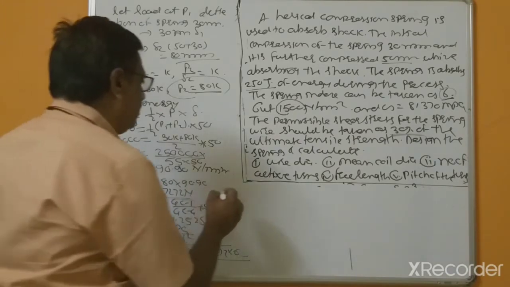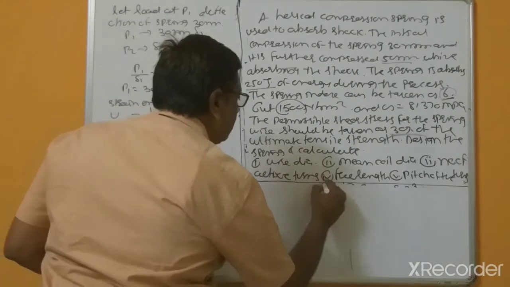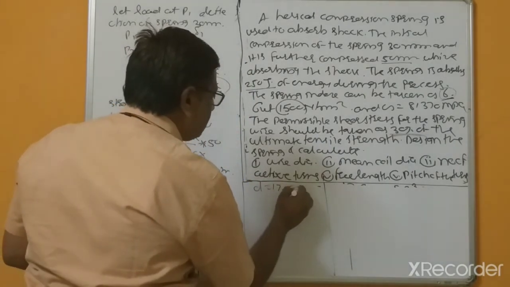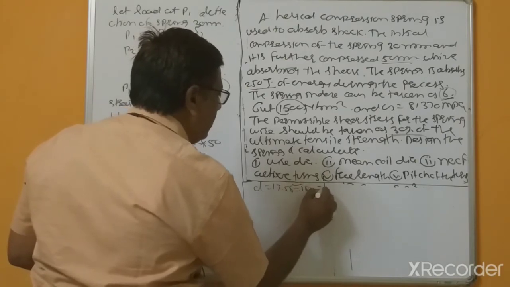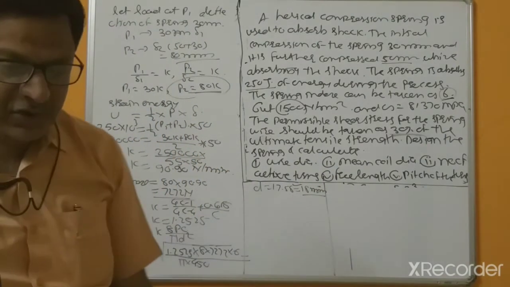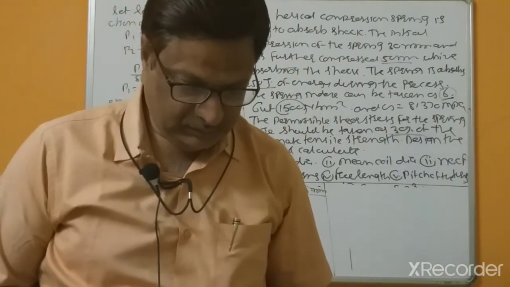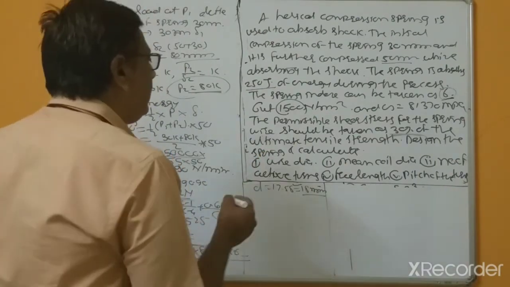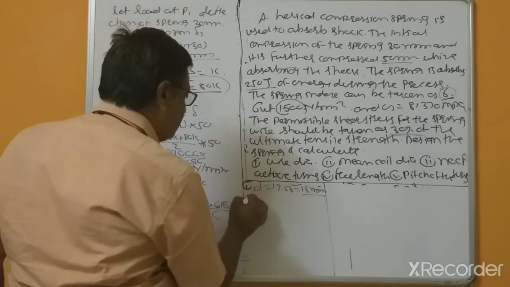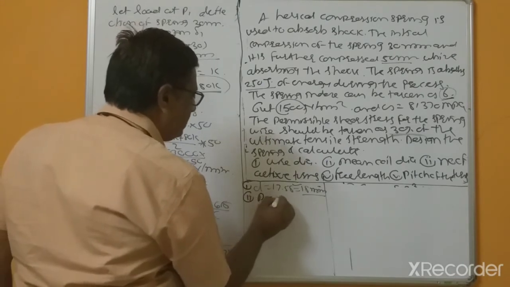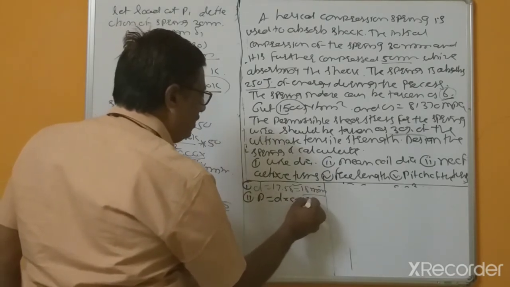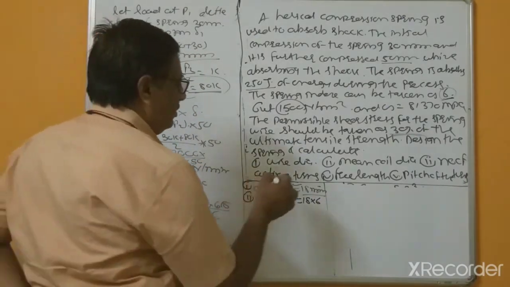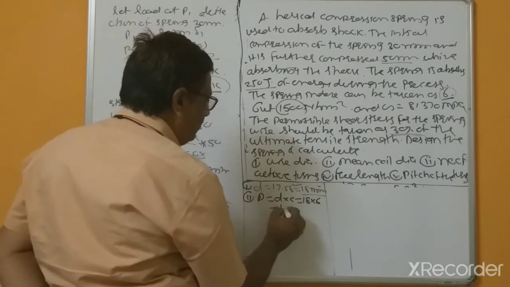This is equal to d equal to 17.58. So approximately I increased it, this is 18 mm. Now this is your first answer. Next, second, mean coil diameter D equals d into C, 18 into 6, that is 108 mm.